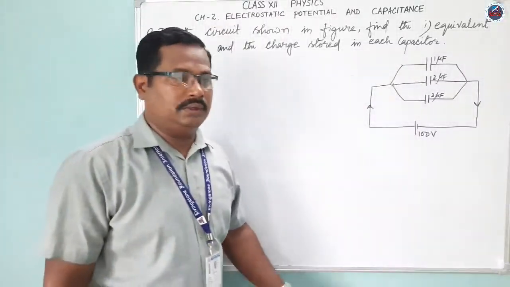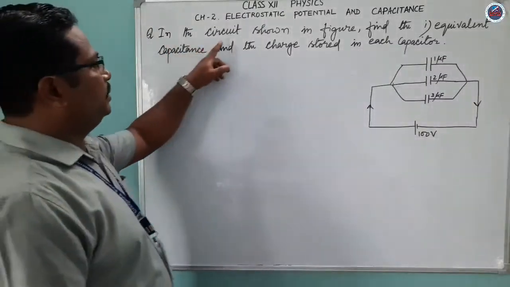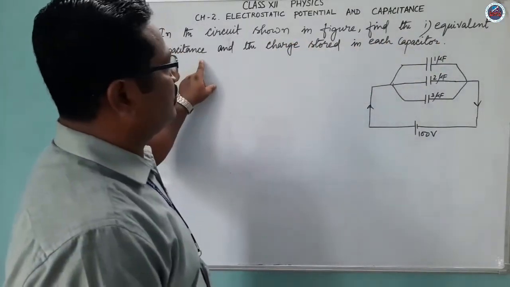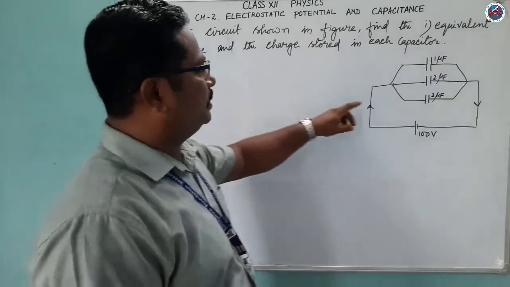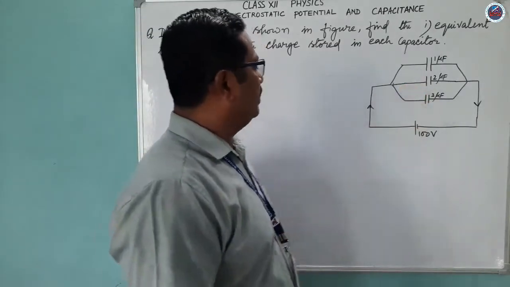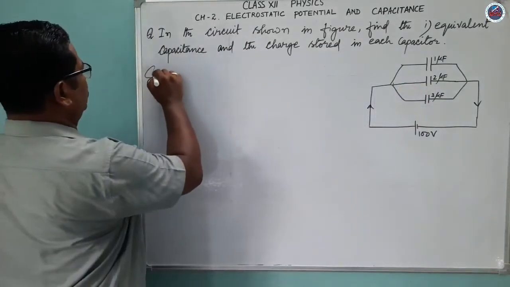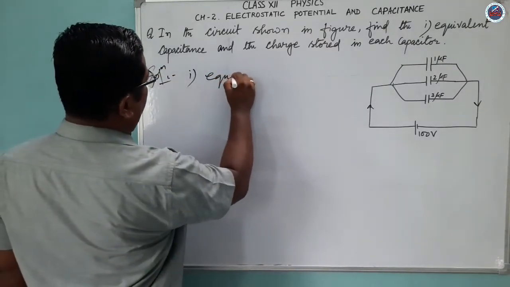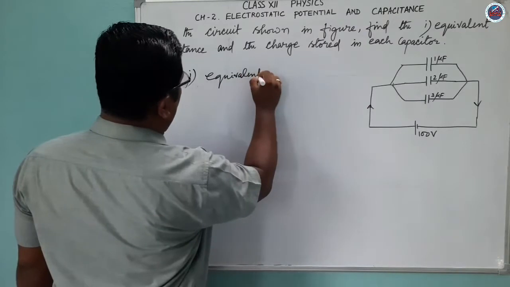Let us do one more question. In the circuit shown in figure, find the equivalent capacitance. The first thing, as we know that all the capacitors are connected in parallel, so I will do like this. Number one, equivalent capacitance.